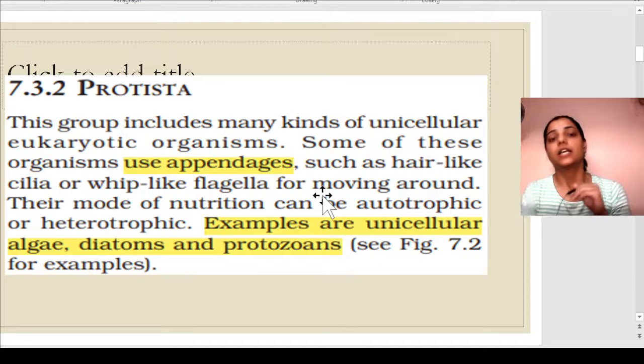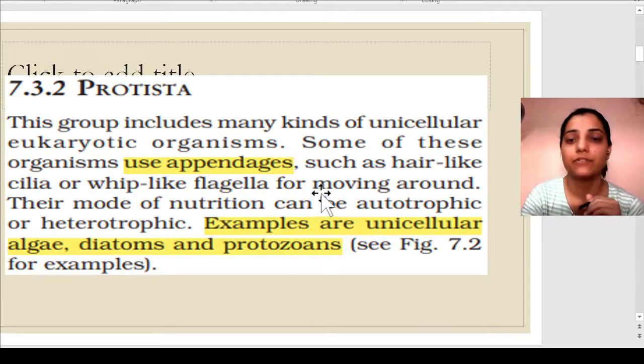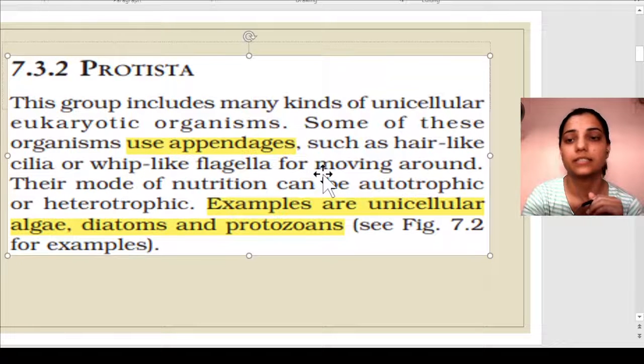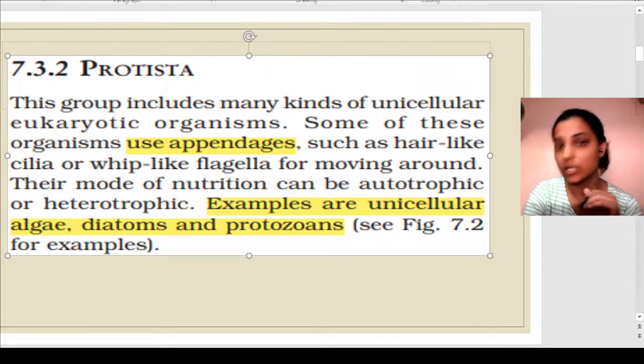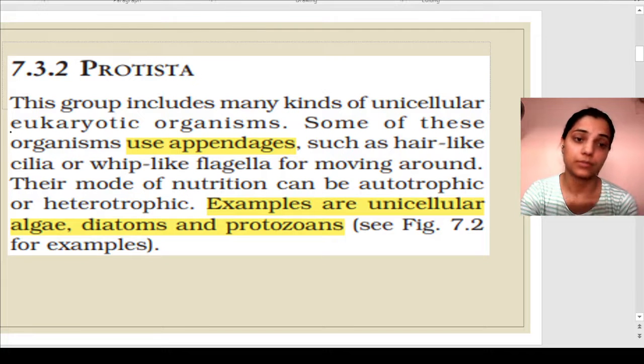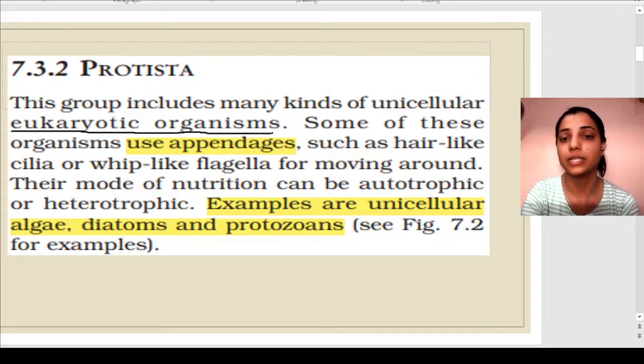So students, I have taken a screenshot from the NCERT. As you can see here, we just go through that. This group includes many kinds of unicellular eukaryotic organisms. We'll keep this in mind, that Kingdom Protista includes eukaryotic organisms.